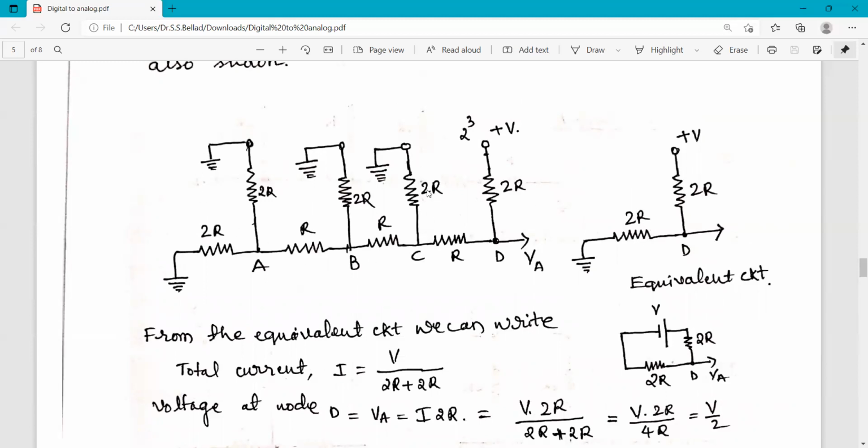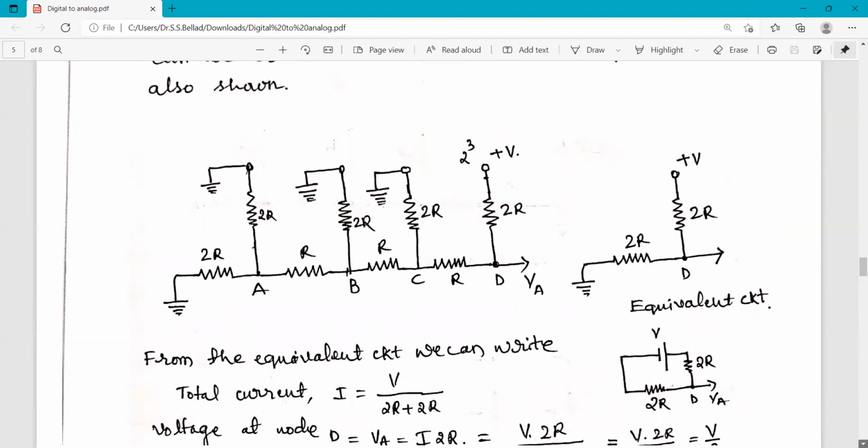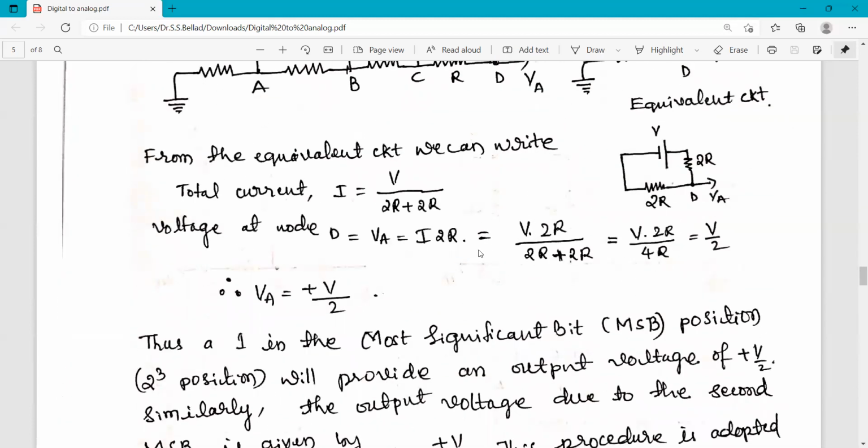This whole thing gets reduced to the 2R, and this 2R is there towards the input end. So therefore, this is the equivalent circuit. From this equivalent circuit, we can write. I will rewrite this equivalent circuit in this way.